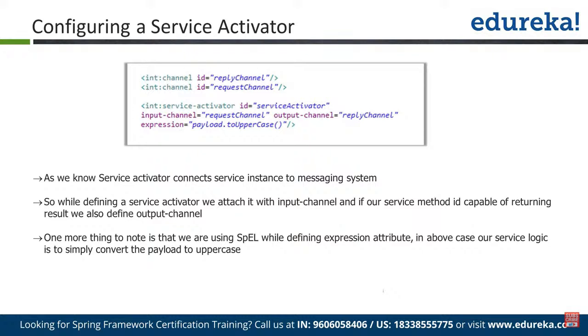Here again, we can use Spring Expression Language to do certain business logic, like calling the method to uppercase or any other string operations. Or if you want to call an actual service method, let's say myServiceActivator.serviceImpl, you can call the method and implement bigger or more complex business logic. So this is how we can configure service activators.